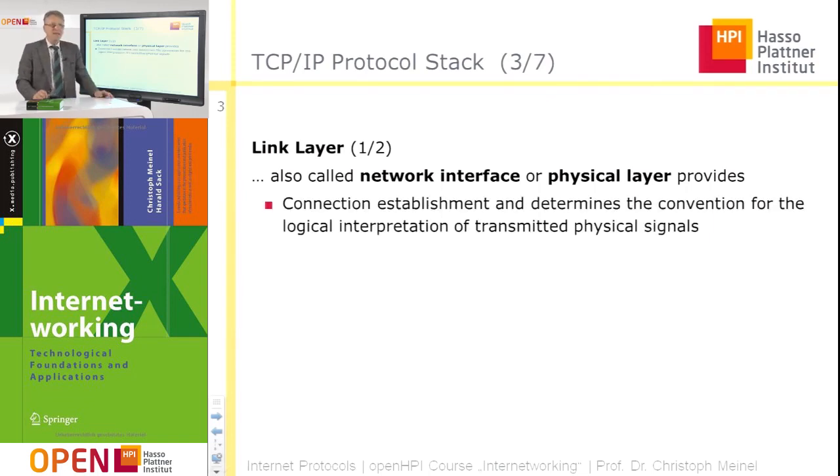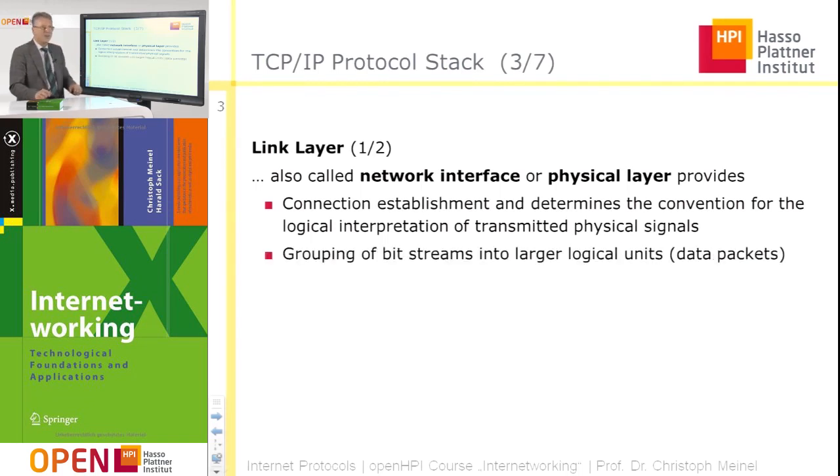Here this connection provides a connection establishment and determines the convention for the logical interpretation of the bits into the transmitted physical signals. All this is organized and solved on the link layer.